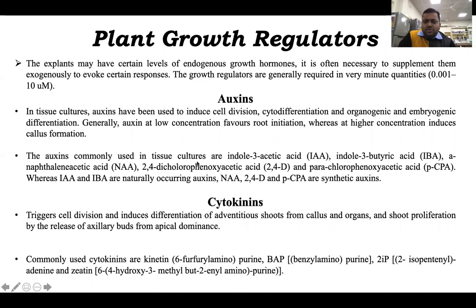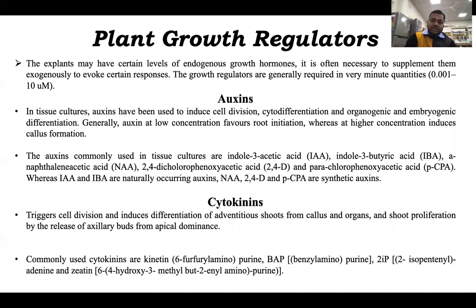Some others include 2,4-D and PCPA, para-chlorophenoxyacetic acid, which is not very commonly used. We generally play with IAA, IBA, and NAA, sometimes 2,4-D but quite rarely. Among these, indole acetic acid and indole butyric acid are the naturally occurring auxins, whereas the others are synthetic ones.